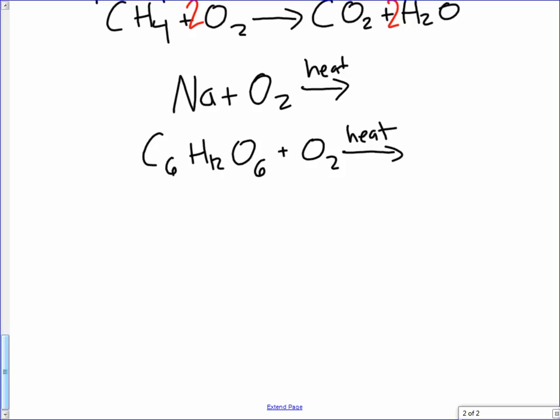This is not going to be a spontaneous bursting into flame. And we're going to do iron. All right, so give it a shot. Try to balance them.